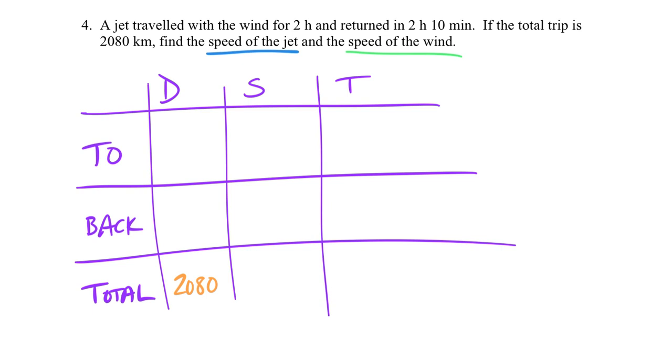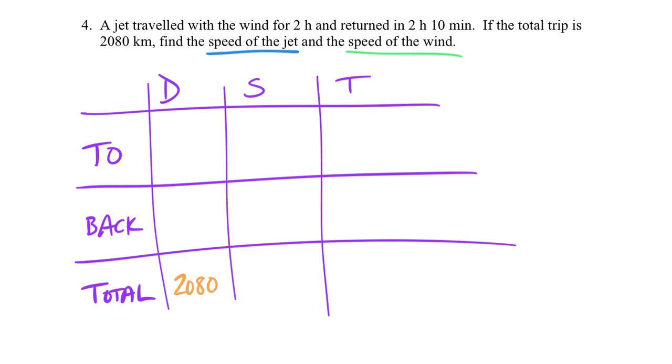I do have "to" and "returned." So I do notice that "to" and "returned" have different times, and the time that I returned was the time that took me longer. So then I was flying against the wind.